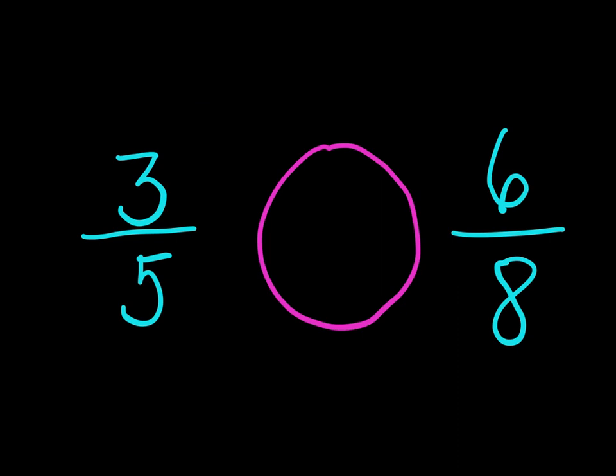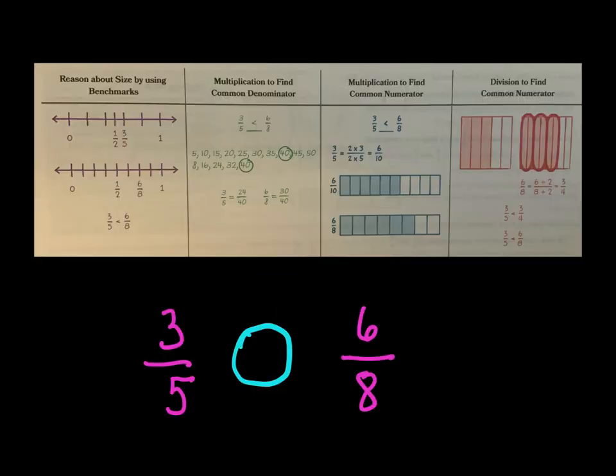Okay, our next one is 3/5 is greater than, less than, or equal to 6/8. And if we continue on, you're going to see 4 different methods to help solve this type of problem. To help us do 3/5 is greater than, less than, or equal to 6/8, you could go by size using benchmarks. Remember we talked about the 0, the half, and the 1.